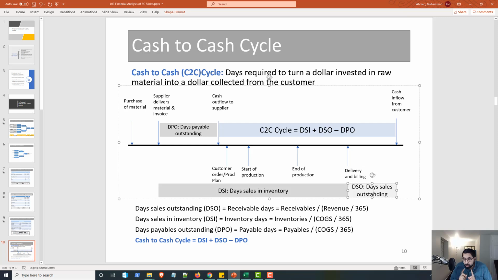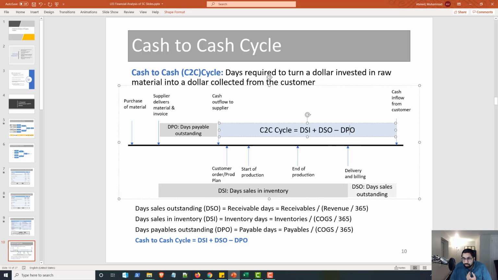But there's good news. For your entire working capital requirement, the supplier is going to chip in. How does the supplier chip in? The supplier says, use these components to make the final product and sell it to the customer, but you can pay me after 30 days or you can pay me after 60 days. So the supplier is going to finance part of this journey. And so you have to subtract that out to get our cash to cash cycle time, how long of the cycle we need to sponsor.